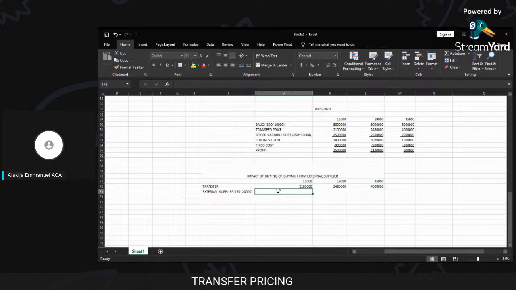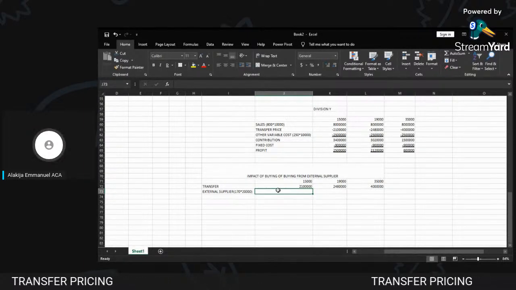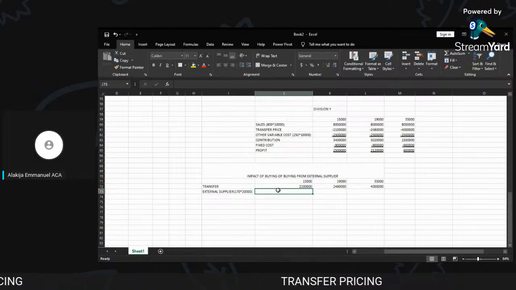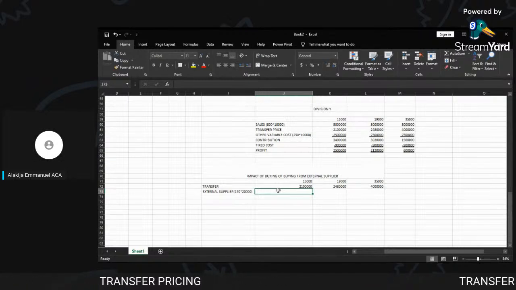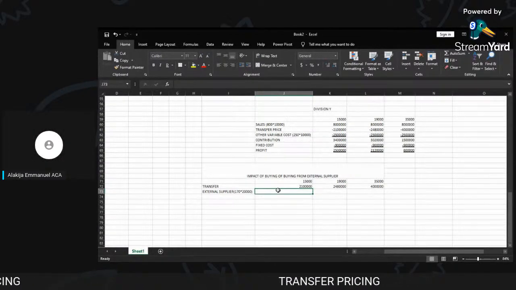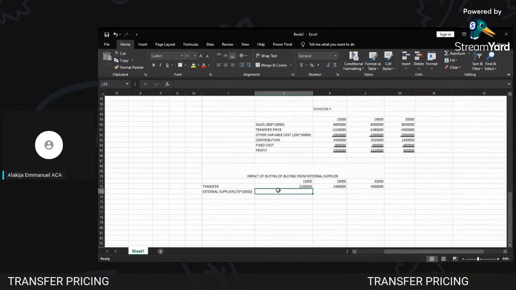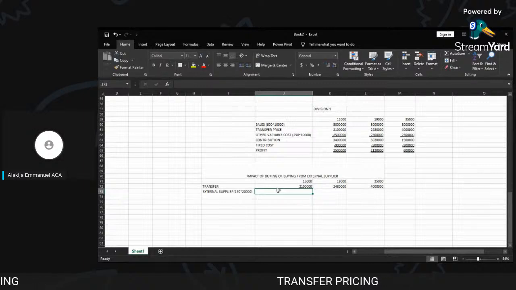Even when they know the principle, it was small details that affected their solution. So this is going to be 170 naira multiplied by 20,000. This is 3.4 million.